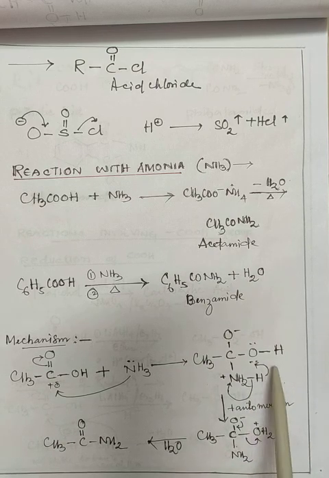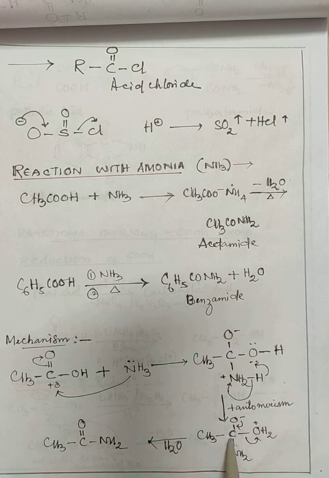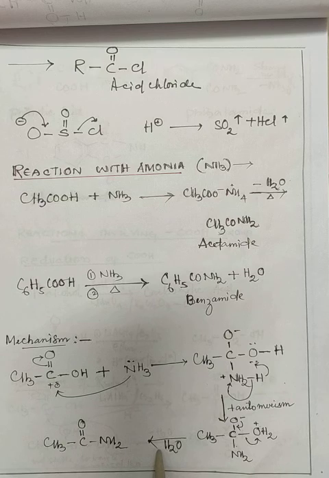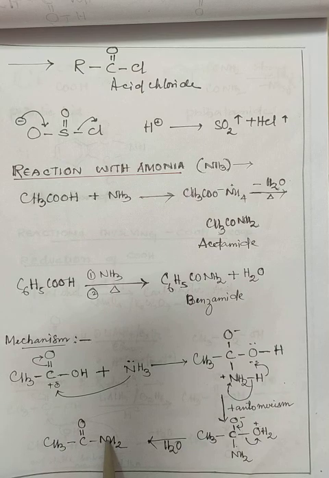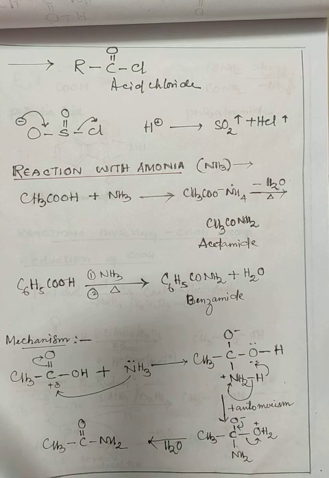When it is connected to this, that means water will form. So we will do the tautomerism. Here CH3, then O, then given to here, then water has to be eliminated, then NH2 will form, then the double bond. So this is how we get the acid amide by doing the acid mechanism.